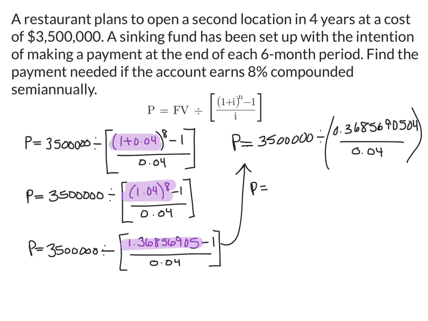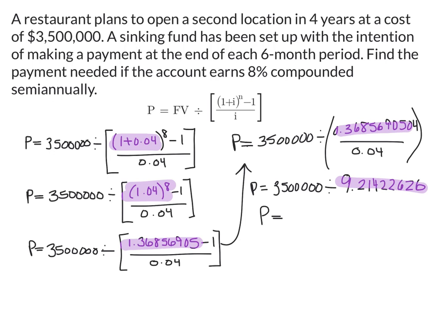When we subtract 1, we get 0.36856904. Then we'll take that number and divide by 0.04. That will give us 9.214222626.